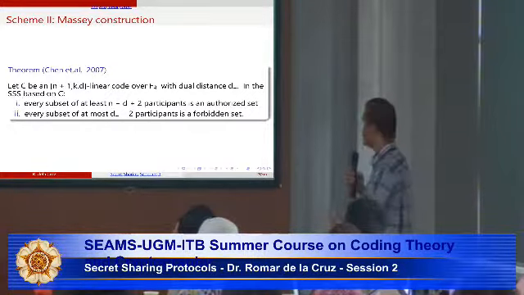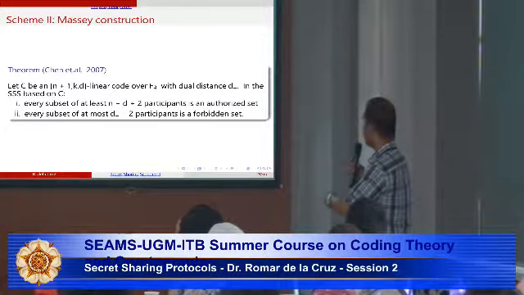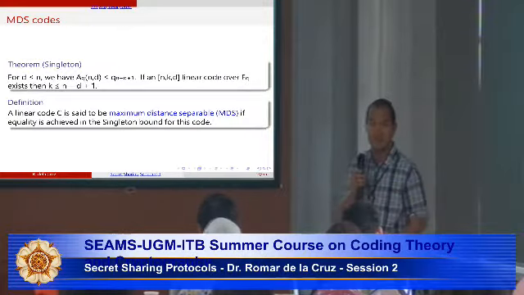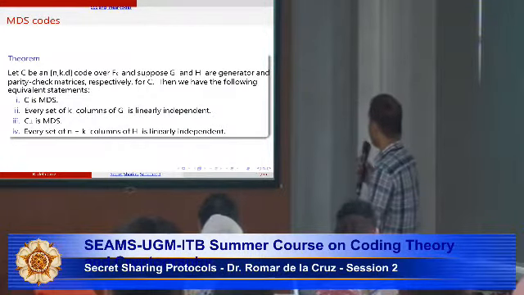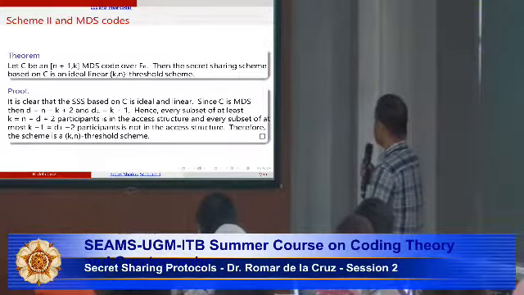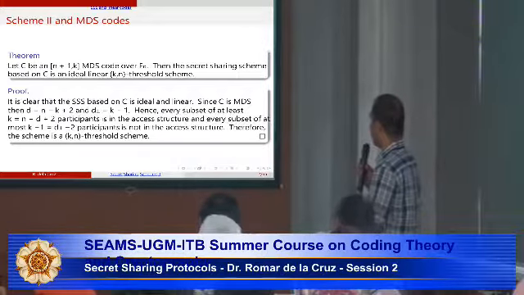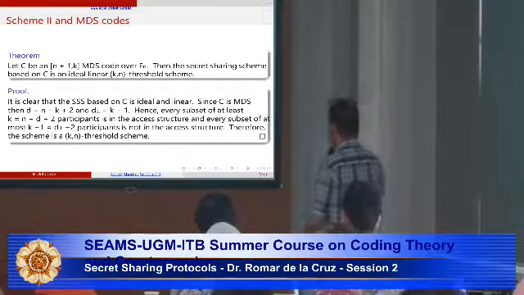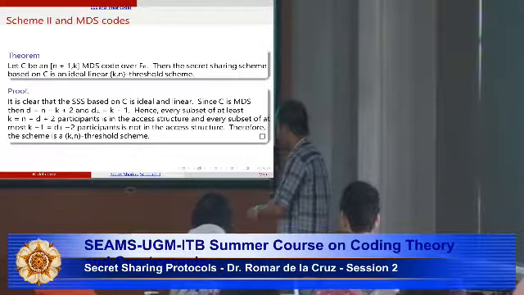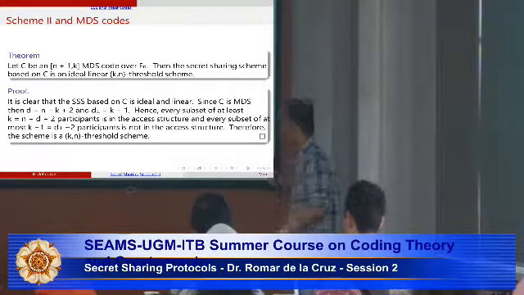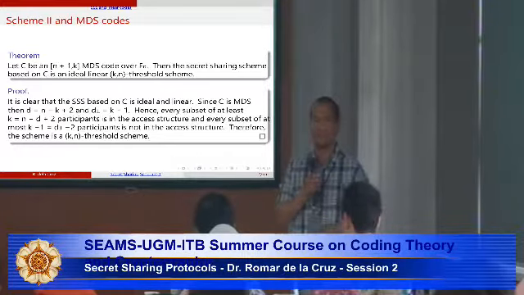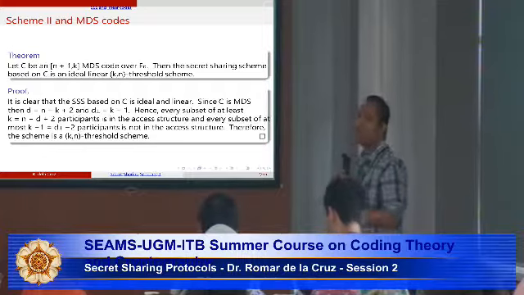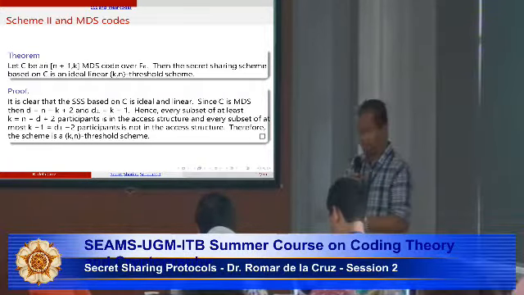If we apply this using the values of the distance and dual distance, what you get is the following. Every subset of at least k participants can recover the secret, and every subset of at most k minus 1 participants has no information about the secret. So it's a k out of n threshold scheme.